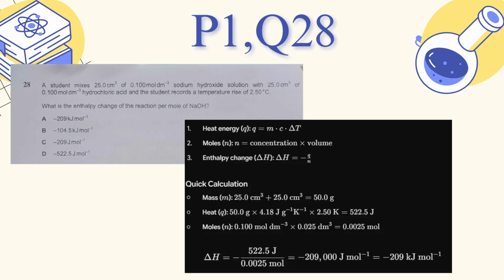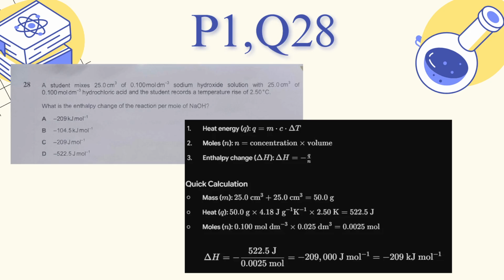Using the formula, first we calculate the mass: 25 plus 25 equals 50 grams. Then heat equals mass times c times delta temperature, and we get 522.5 joule.